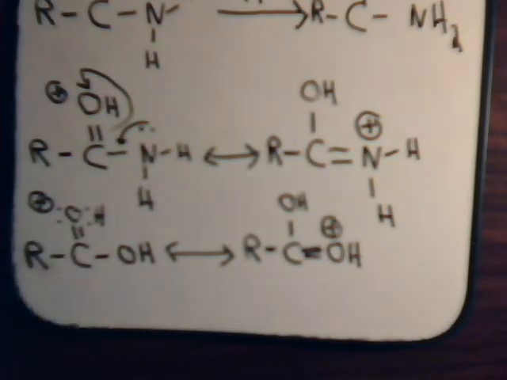This is more basic than the carbonyl oxygen of a typical aldehyde or ketone, as we explained in the previous videos. And again, we can make sense of the whole system by considering the different types of resonance systems that are set up. Okay, that's all I want to say then for this video.